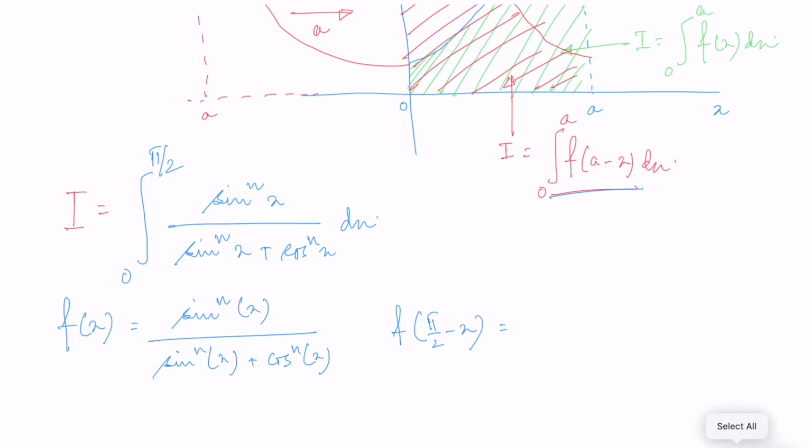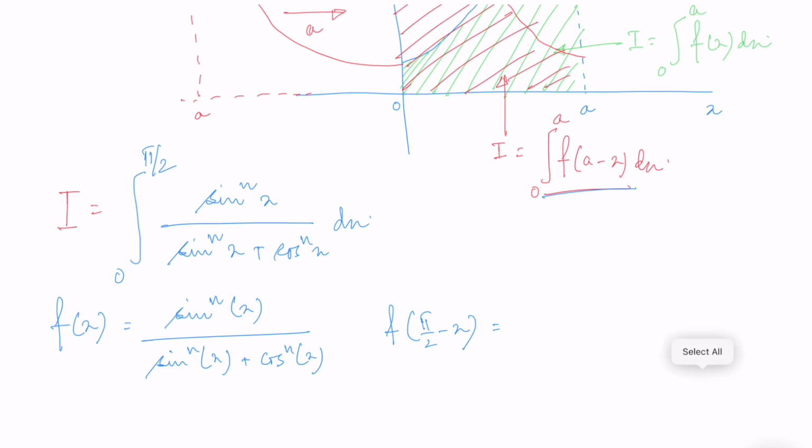So sine of pi by 2 minus x will always be cos of x, and then the whole thing is raised to the power n. So this thing then becomes cos to the power n of x. And then the same thing happens in the bottom as well. So this becomes sine of pi by 2 minus x, which then becomes cos to the power n x. And this one now becomes sine.